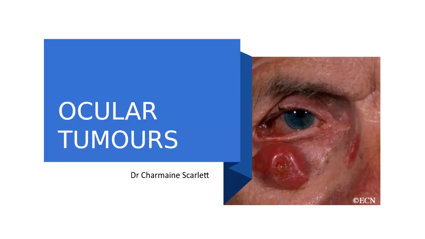So it's a lot of material, but if you look at it simply and try to remember the basic tumors that can be seen in each layer, it tends to simplify it.